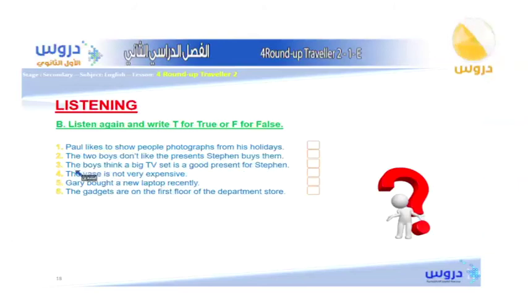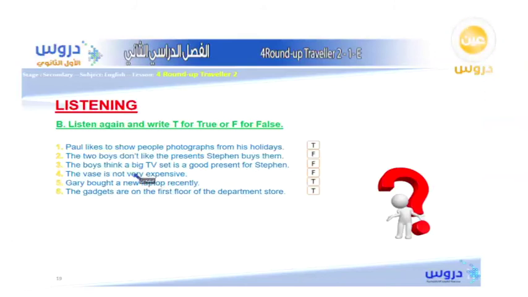Number three: the boys think a big TV set is a good present for Stephen. Number four: the vase is not very expensive. Number five: Gary bought a new laptop recently. And the last one: the gadgets are on the first floor of the department store.